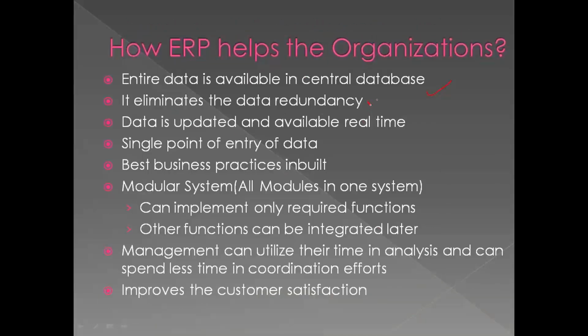It eliminates data redundancy, meaning duplications. Data is updated and available in real time, meaning once anybody creates a sales header in Bangalore, anybody who has access to that system can see it instantly from any part of the world. That's real time data.